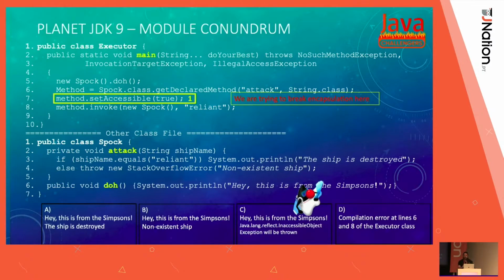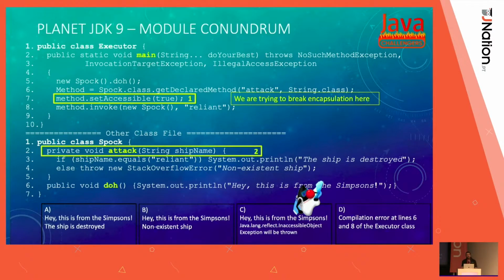OK, so the problem here is that we are trying to break encapsulation. So with modules, we have this great benefit that we have real encapsulation. What does that mean? It means that even if you want to break encapsulation with reflection, we will have an issue here. We have the exception inaccessible object.